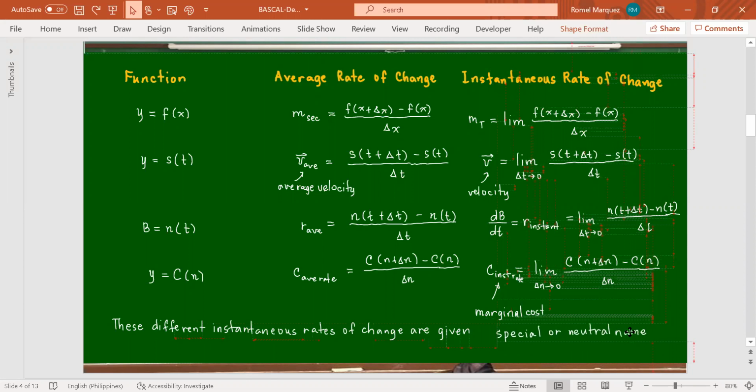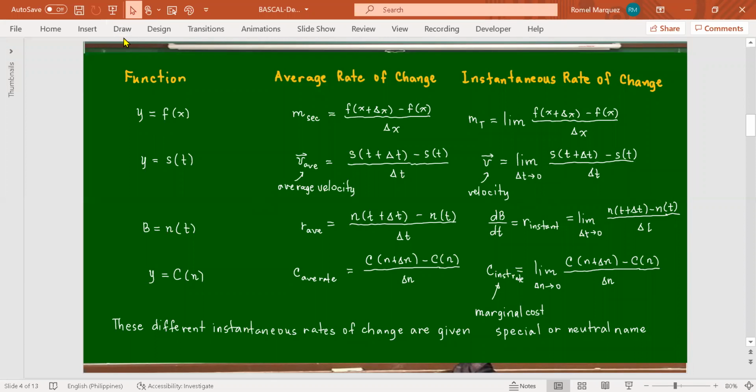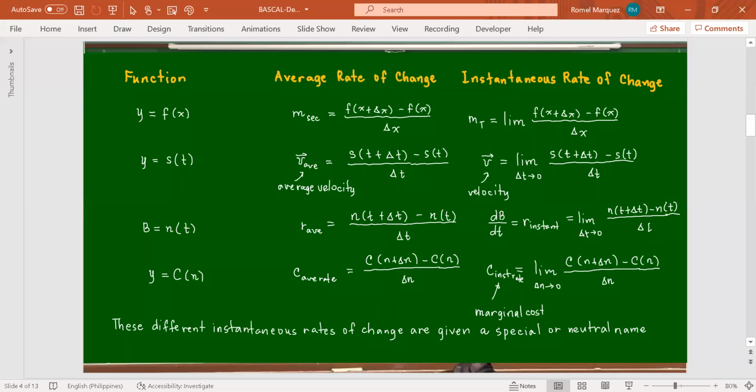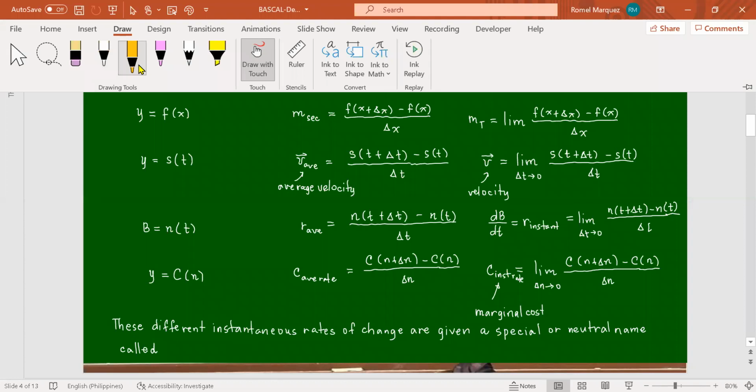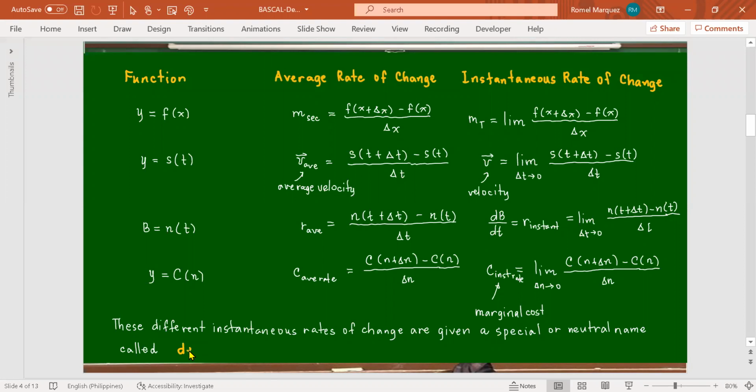Okay? Binigyan ng special name. Para pag sinabi nating derivative, it can refer to any of these instantaneous rates of change. But of course, not only those, no? Is that clear, guys? Yes po. So that's the special name given, called a derivative.